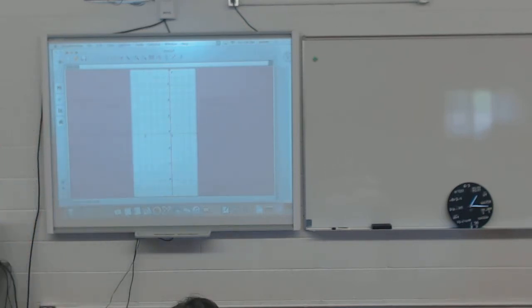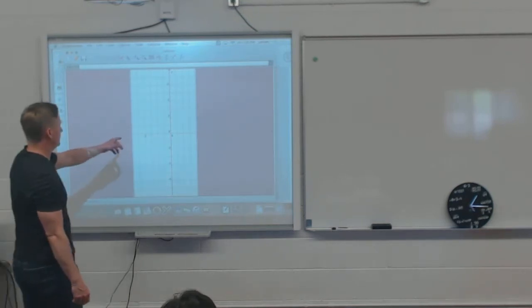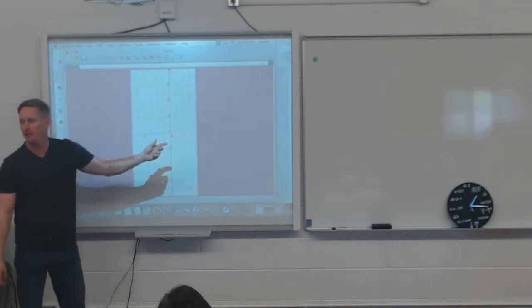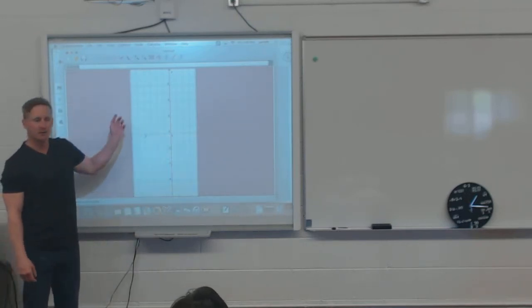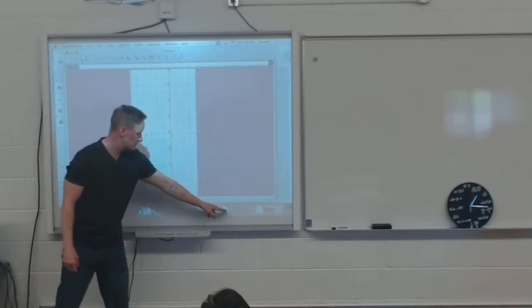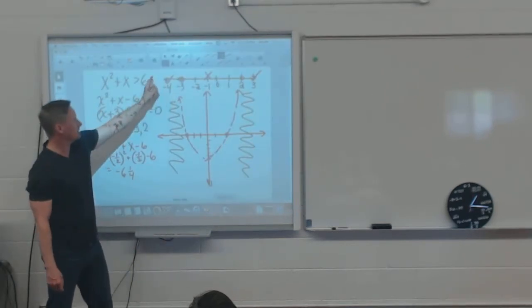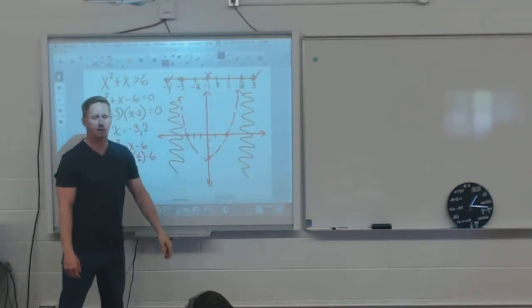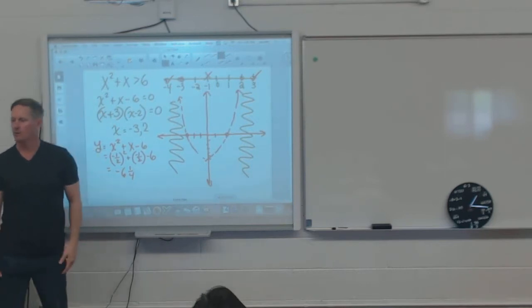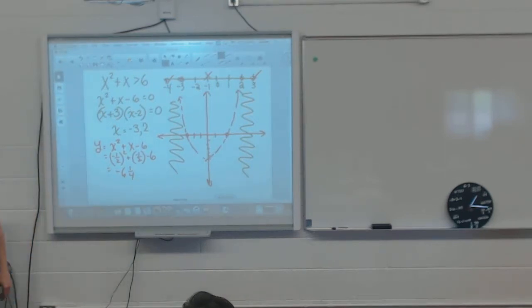So until they give you a y equals, which is in 9.3, all you're doing is finding your roots using factoring, using test points on the outside, the inside, and the outside, and just find out what your domain is for that.